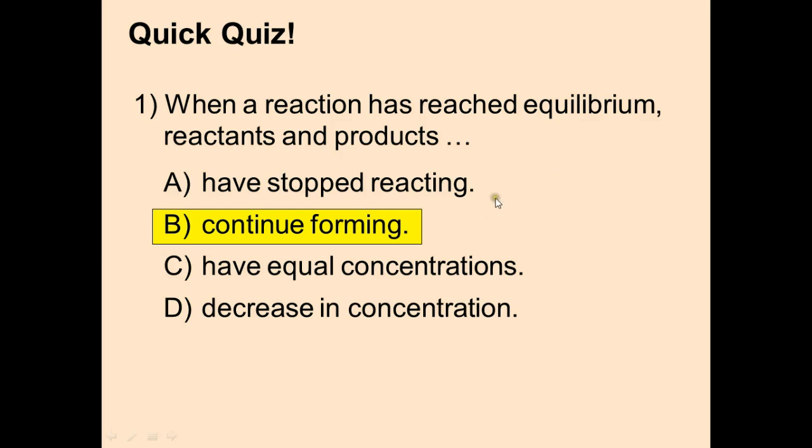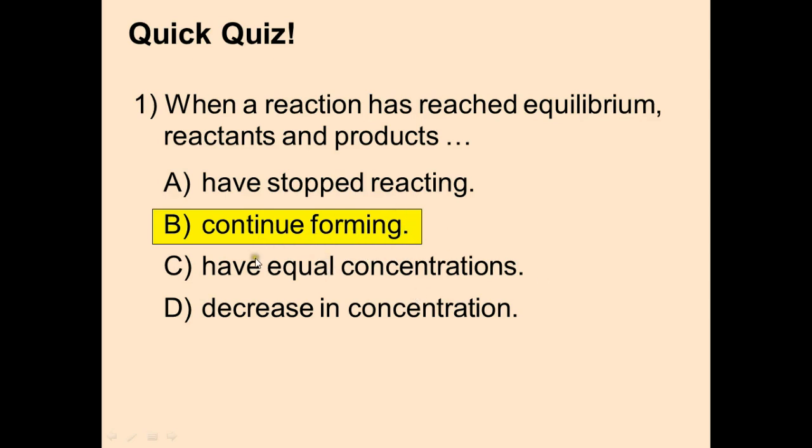They stay constant, and because they're replacing each other, it looks like nothing's forming or being used up, but they do. Because they keep replacing each other at a constant rate, they look like they're not, but they are.